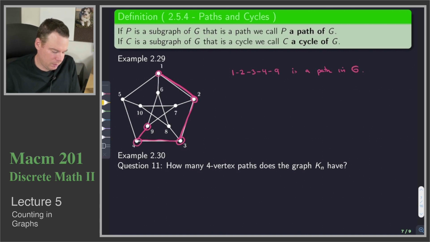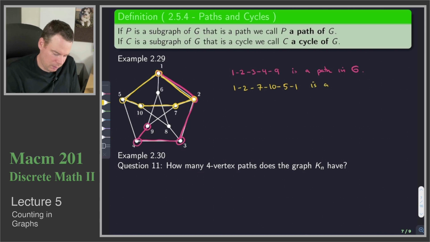How about a cycle? Well, we need to identify a subgraph which is also a cycle. Maybe I'll take 1, 2, 7, 10, 5, and 1, and those edges that I've identified. So 1 to 2 to 7 to 10 to 5 to 1.